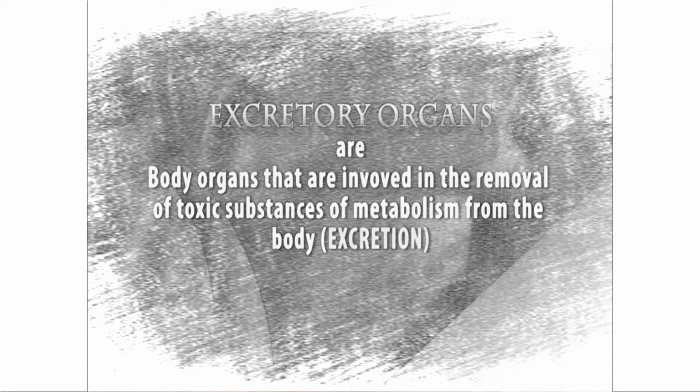Now what we are interested in knowing is the different organs that are involved in removing toxic substances of metabolism from the body. We call these organs excretory organs because they are involved in excretion.